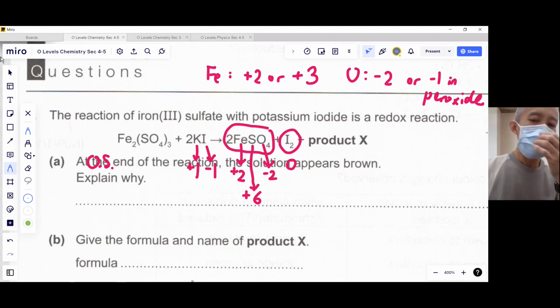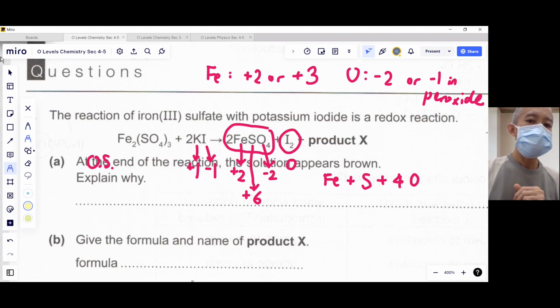Well, for those who still remember, I use my equation. I have Fe, I have sulfur, I have 4 oxygen. I'm referring to this one here. And as a whole, this compound is neutral, so 0 charge.